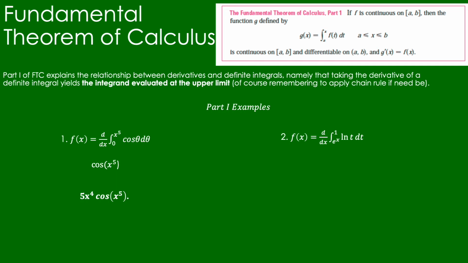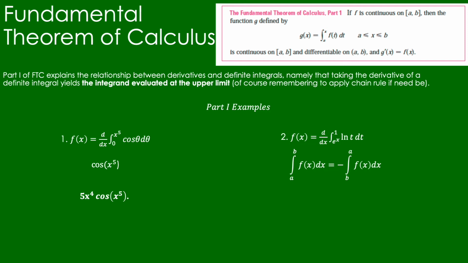In the second example, we need to make sure that the variable is in the upper bound. So we will utilize the fact that given any interval, we can rearrange the bounds as long as we put a negative out in front. So if we have an integral from a to b, and we have a function integrand, we can flip the bounds and take the negative of that.